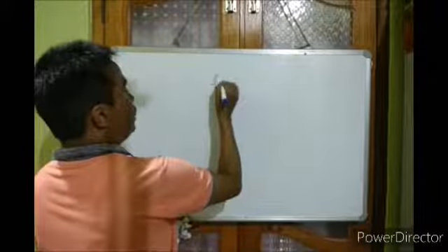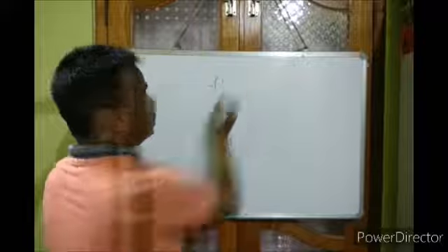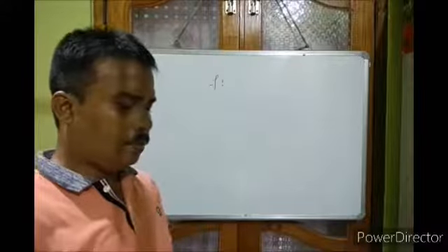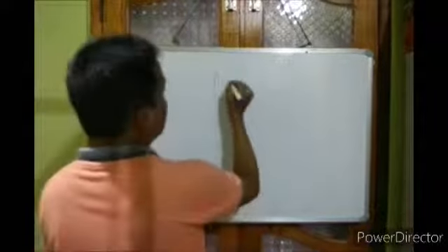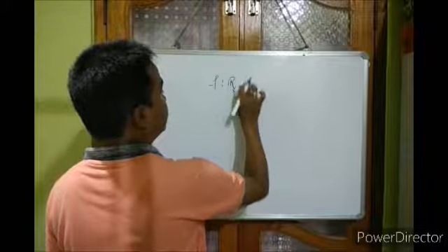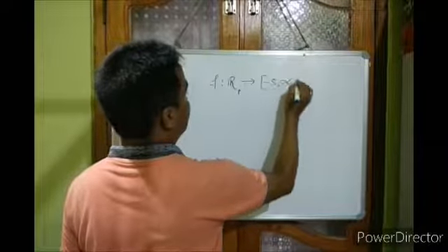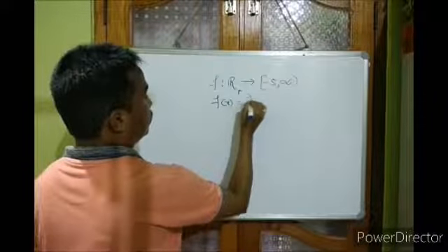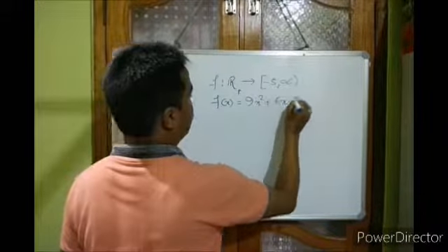Say f is a mapping from the set of positive real numbers to the interval minus 5 to infinity, and f(x) is equal to 9x square plus 6x minus 5.